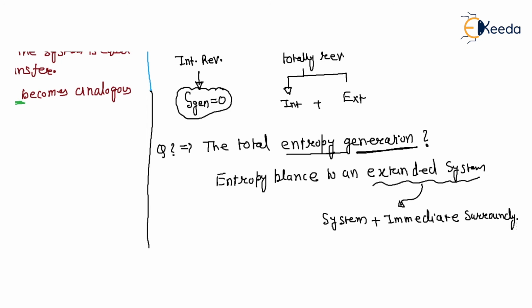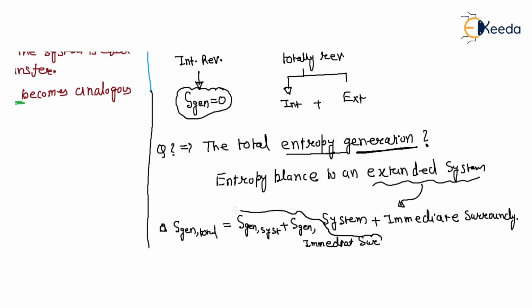So if you balance the entropy of the extended system, the total S generation is the S generation of the system plus the S generation of the immediate surrounding.